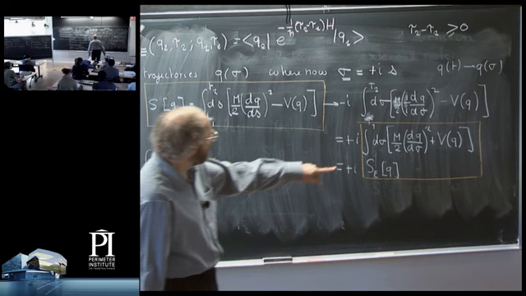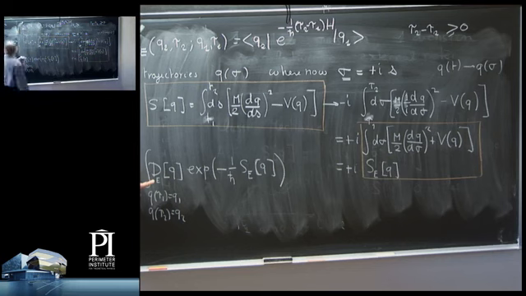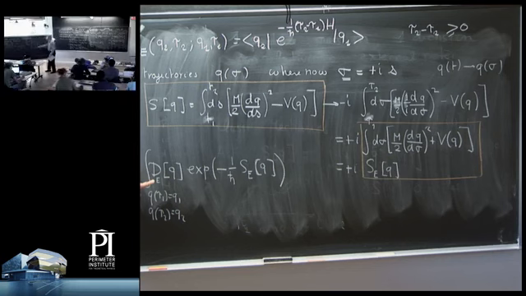There is also an I factor which changes in the measure, but so you get for this matrix element of basically the density matrix also a path integral formulation.